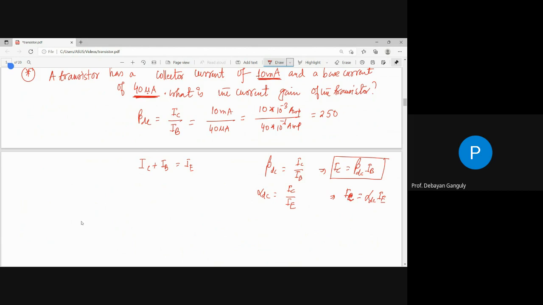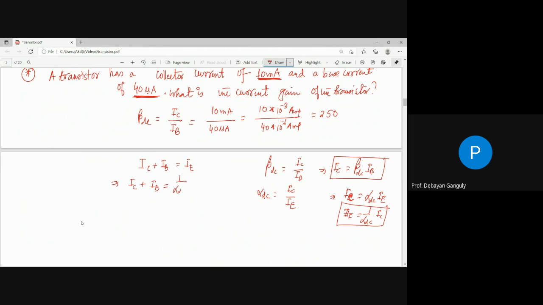So if I replace the value of IE, because that is the relation between IC and IB, I can write IE is nothing but 1 by alpha DC into IC, right? So I can put this value. This is IC, this is IB, and this is IE.